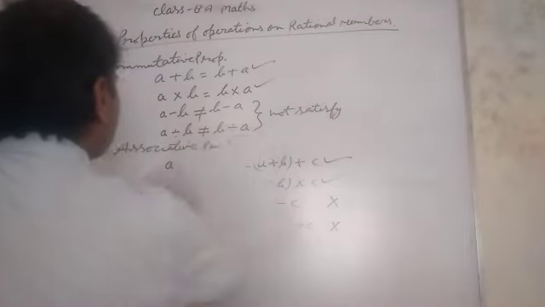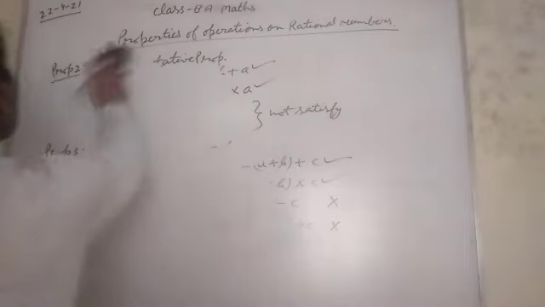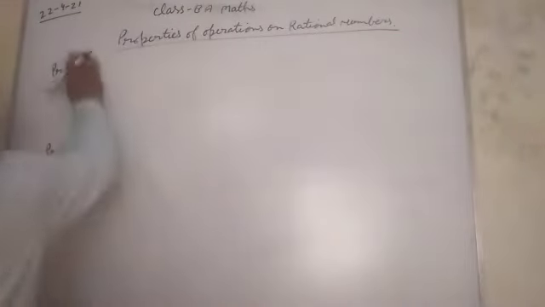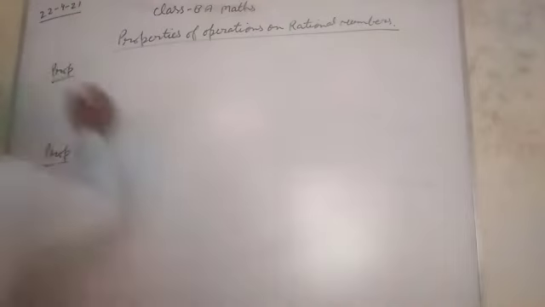Fourth one, the distributive property. So property number 4, the distributive property.